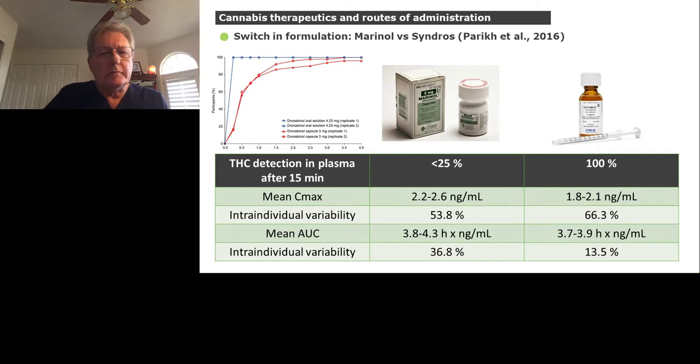So at 15 minutes, less than 25% of Marinol is being detected in the plasma, whereas 100% of Syndros is. There's also a substantial intra-individual variability between Marinol and Syndros, if you look down at the bottom line.